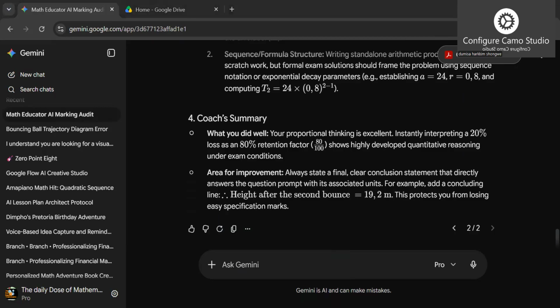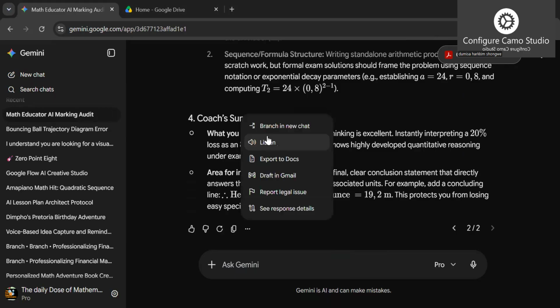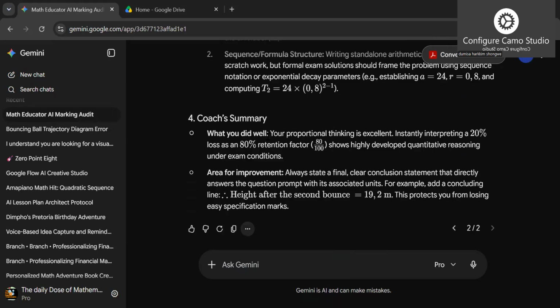Okay, let's listen to our senior marker. Final grade, 2 halves. Final answer, 19,2 m. CAPS marking audit. 1. Marking breakdown. Step. Working shown. Mark allocation. Justification.